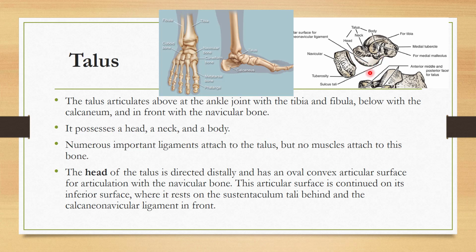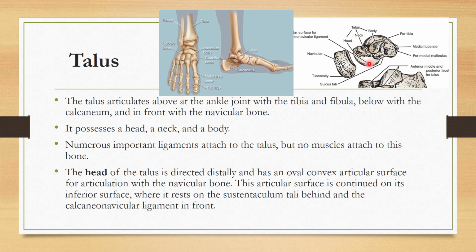One is the calcaneo-navicular ligament, because here there is calcaneum bone, so there will be ligament in between the calcaneum and the navicular bone. So this surface is related inferiorly with the calcaneo-navicular ligament. And number two, it is related with the sustentaculum talli, okay, which is present in the calcaneum bone.